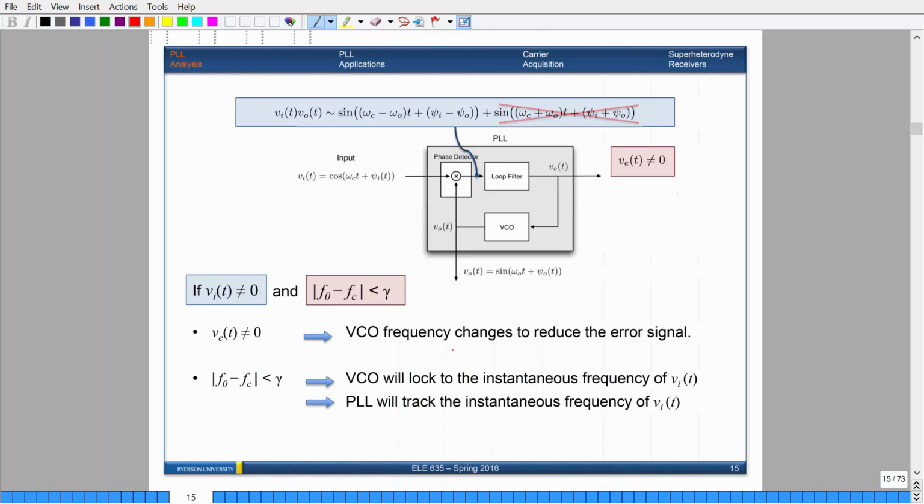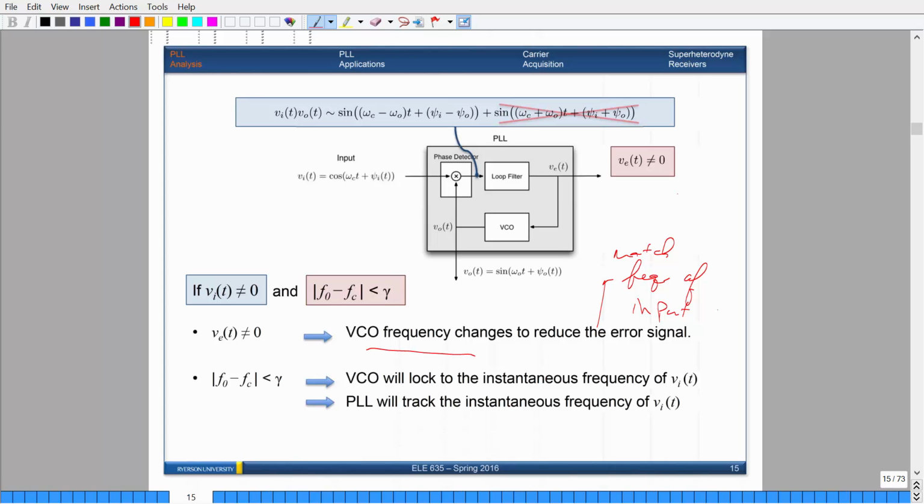In a nutshell, if the error signal is not equal to 0, then the frequency generated by the voltage controlled oscillator will change in order to reduce the error signal. It will match the frequency of the input in order to reduce the error signal. It keeps reducing until the frequencies of the two match.